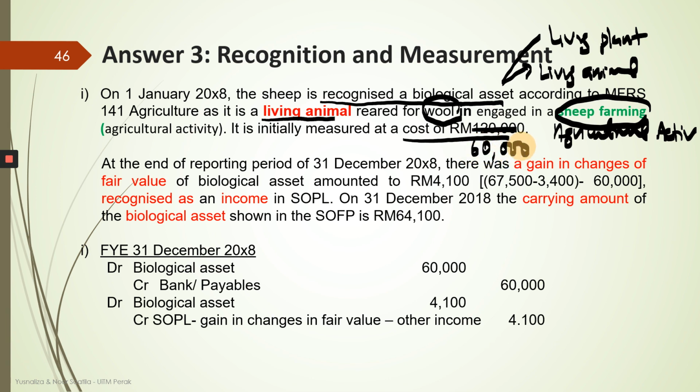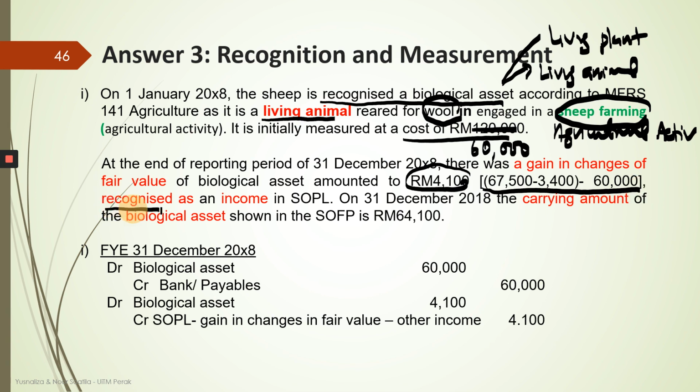Apologize for the mistake, because I wrongly copied. So it should be 60,000. At the end of the reporting period, on 31st of December, there was a gain in change of fair value. So you need to explain what you have journalized just now. You need to give the amount and show the calculation. I've earlier shown you the calculation.